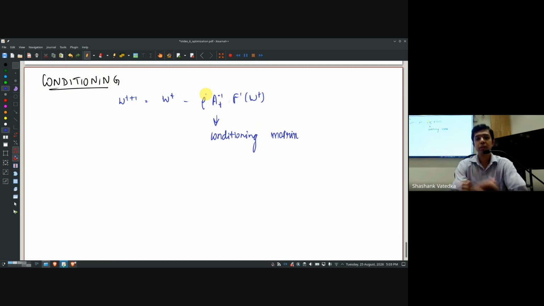Diagonal matrix, right? So in particular, we will want A_t to be diagonal.